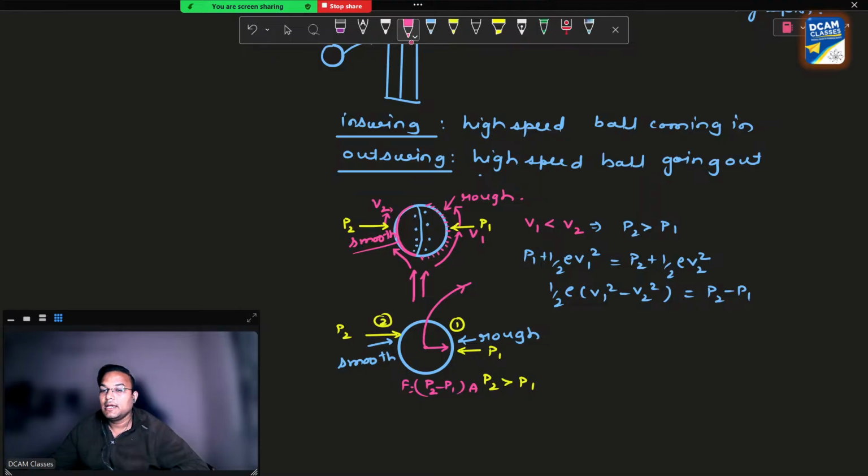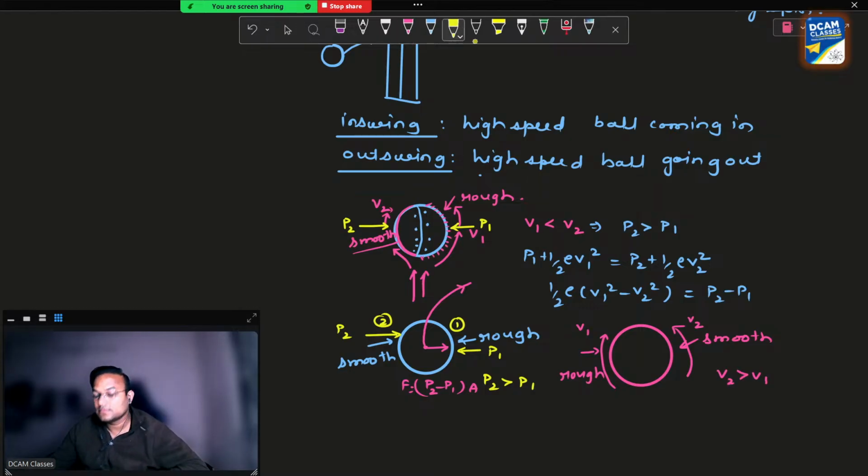Understood? And if the opposite case is there, this part is smooth, this is rough, the velocity on this part is v1, the velocity on this part is v2, so v2 will be greater than v1.